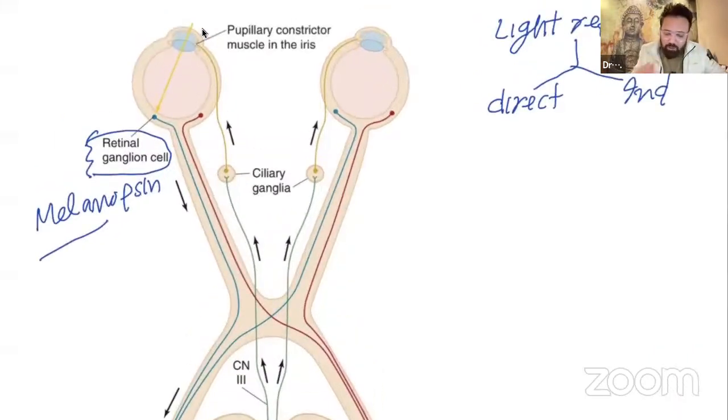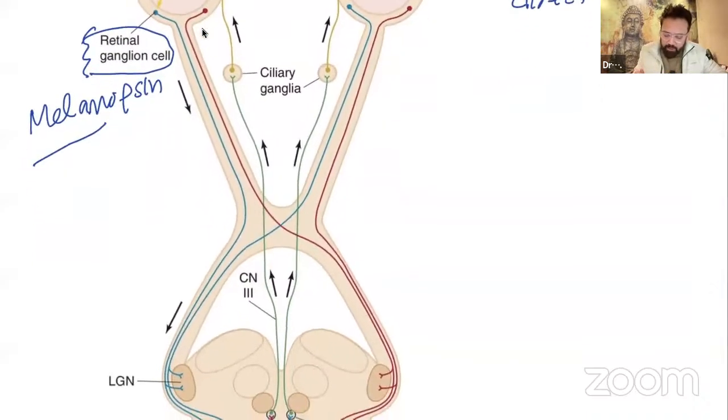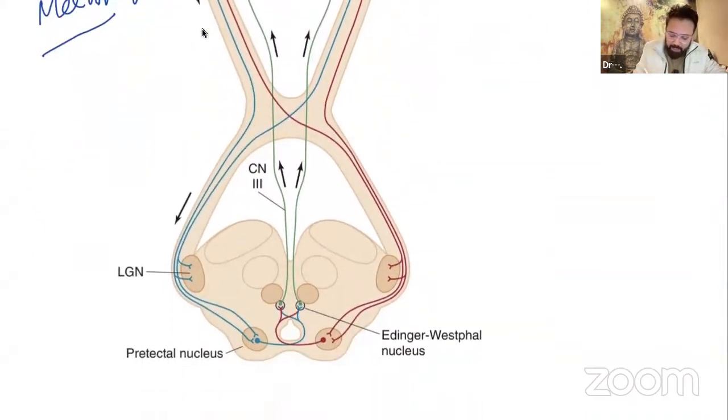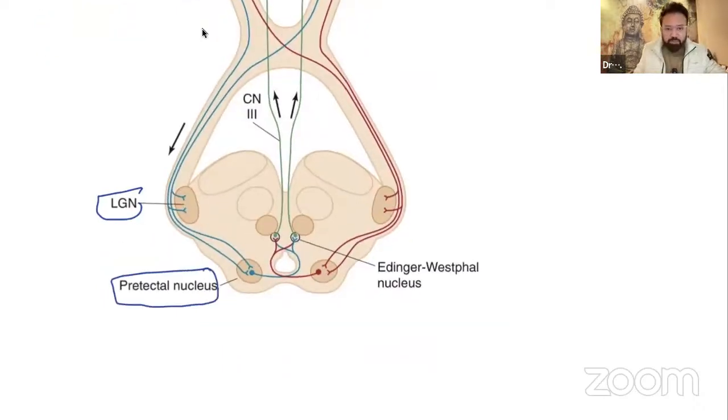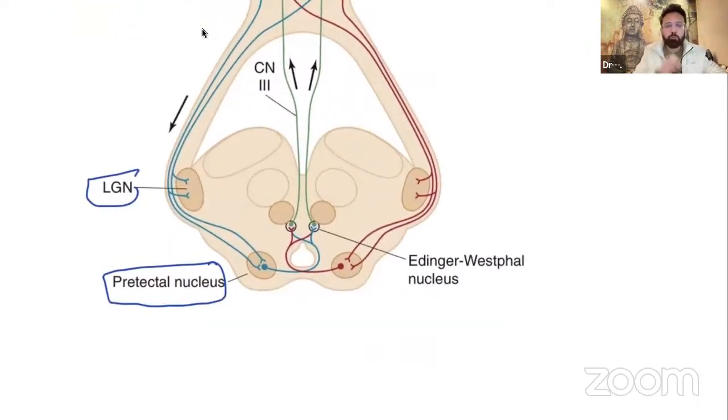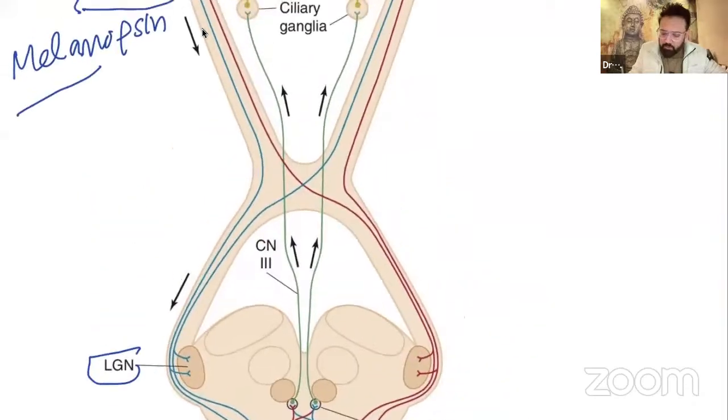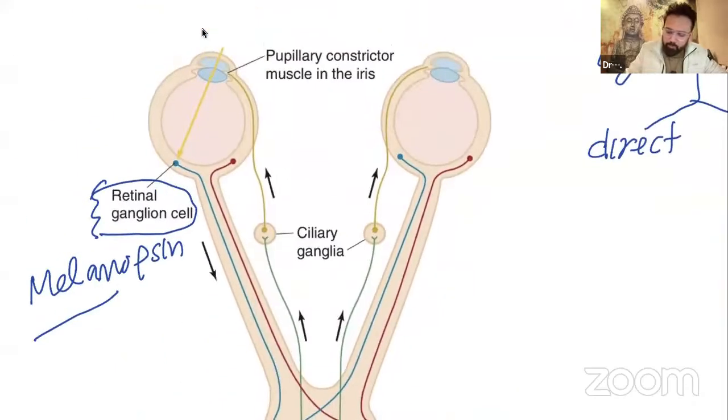It is the ganglion cell having melanopsin, and it bypasses the lateral geniculate body, goes to the pretectal nucleus, doctors. When you put light, torch, okay, the Edinger-Westphal nucleus is involved, causing the pupillary constrictor muscle, so the pupil will constrict through the ciliary ganglion.